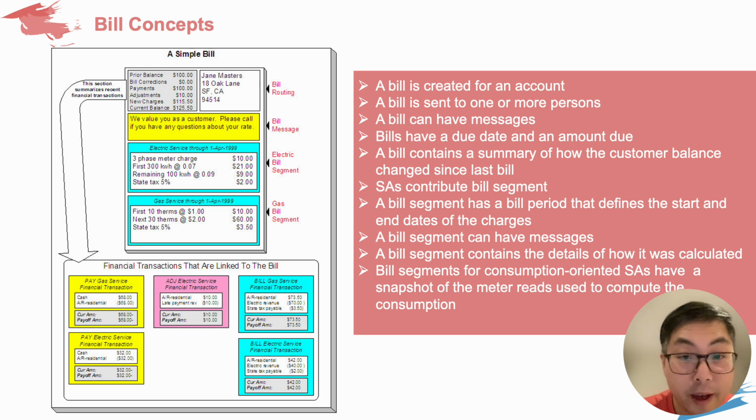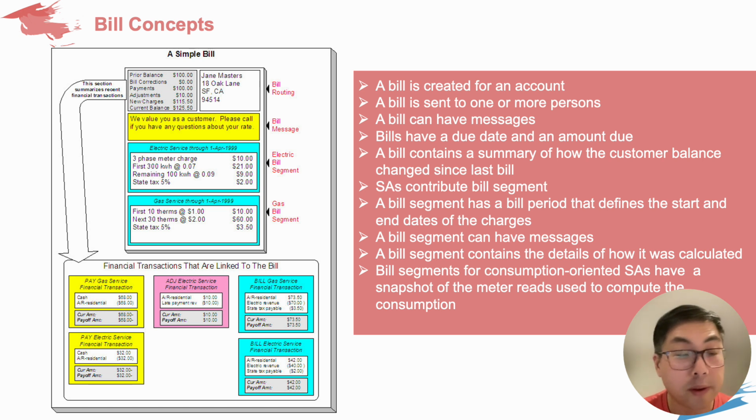You might see the PDF version when it gets printed, which might look completely different from the one in this example. But what I'm trying to explain in this slide is what the key components of the bill are and what the properties of these components are, and we will discuss each of them in detail in future videos.